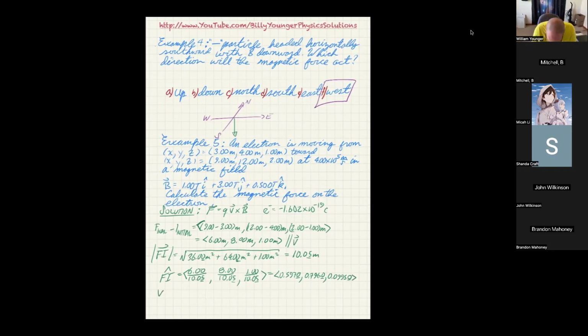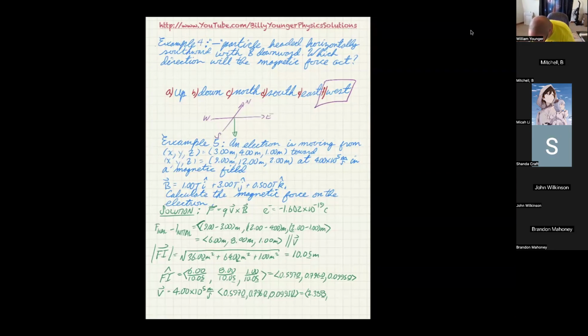Now that means the velocity vector is just 4.00 times 10 to the 5th meters per second times 0.5970, 0.7960 and 0.09950, which should be 4 times 0.5970 is 2.388 for the first component. 0.796 times 4, I'm going to hold out all this times 10 to the 5th.